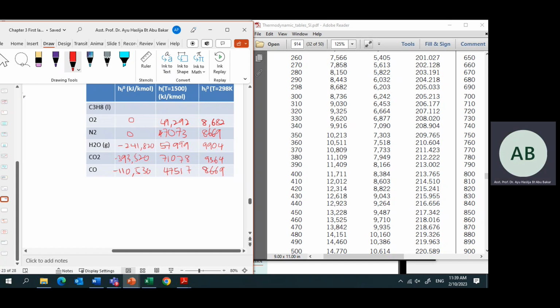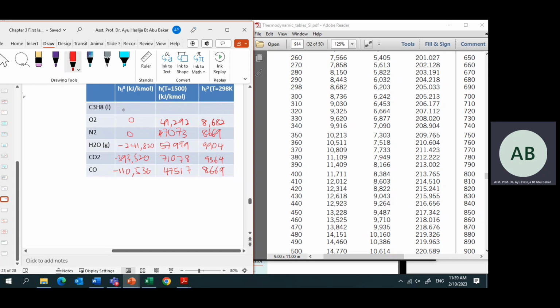It is not required because liquid propane is not in the product. It is in the reactant only. 298? Same, right? Because this is a reactant. Okay, now.